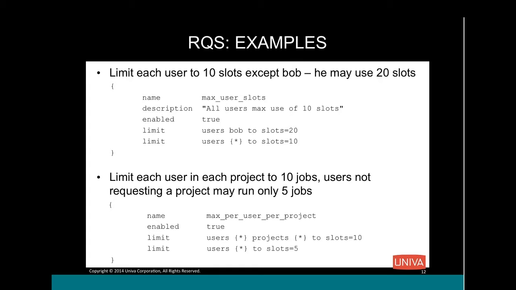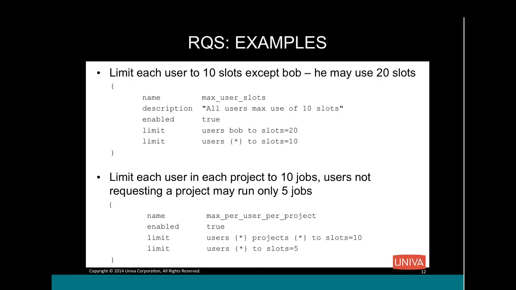So it's got 2 in there. Not only is it limiting each individual user, but it's also limiting each individual project to 10 slots. And then users, each individual user in the second rule to slots 5, which means that users not requesting a project may run only 5.